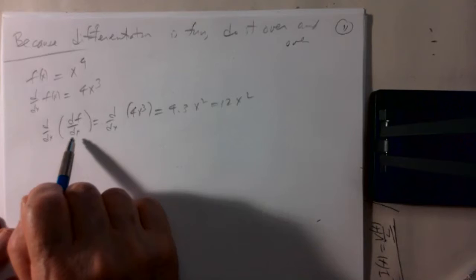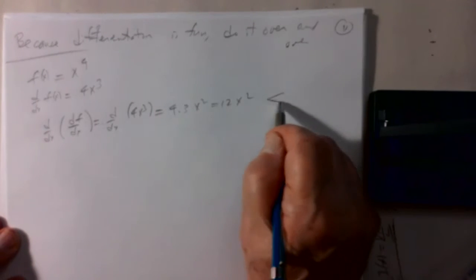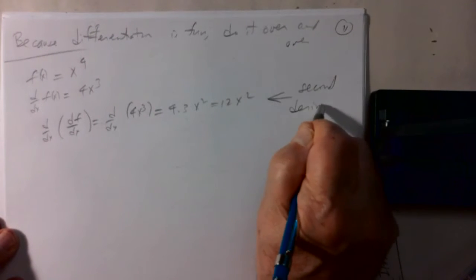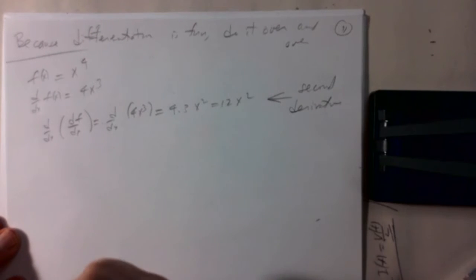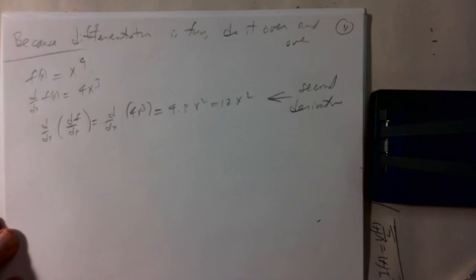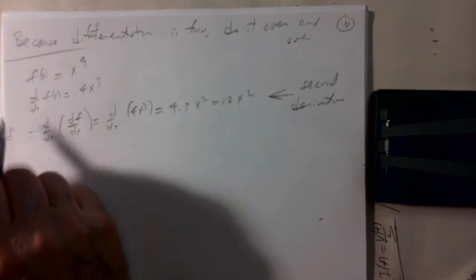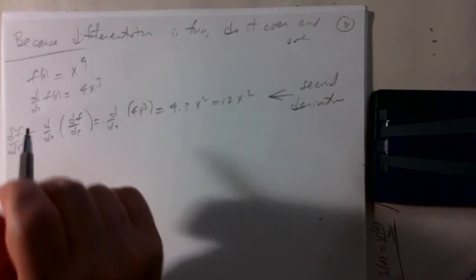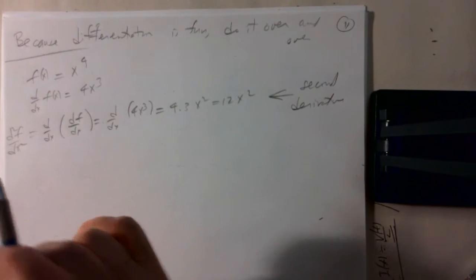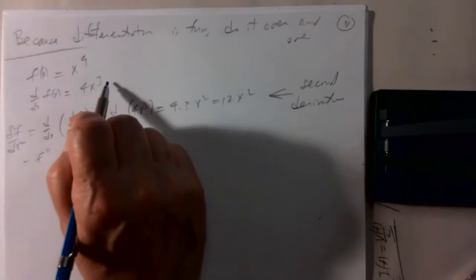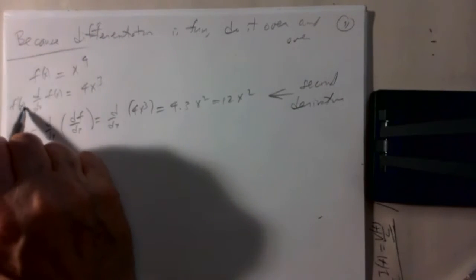When you differentiate twice, we call this the second derivative of the function. And we write this usually as d²f/dx², or we can write it as f double prime of x.